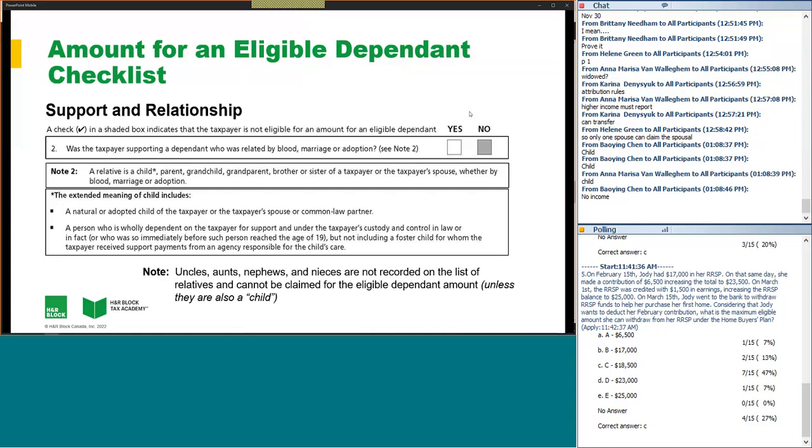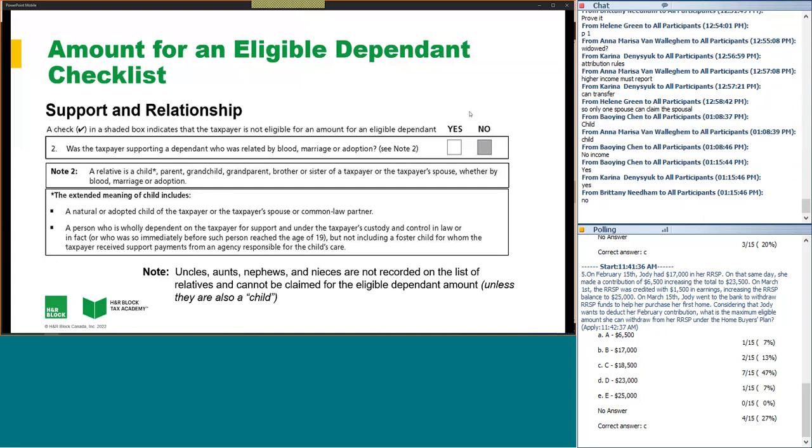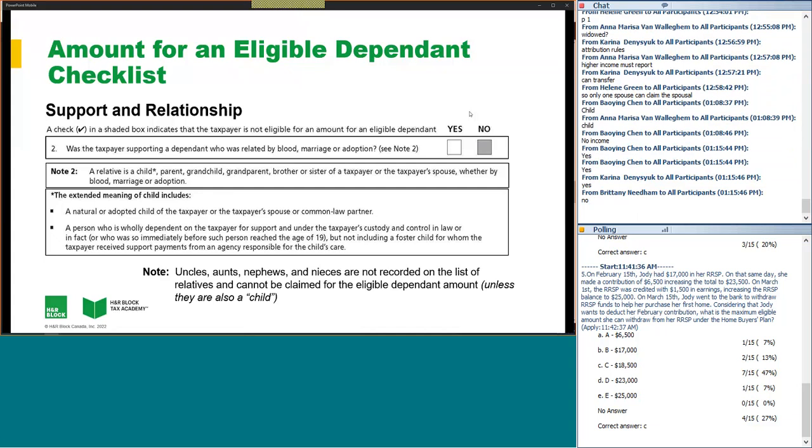Adam moved in when he was 22. He is his nephew. His nephew on the list. No. He cannot claim him as an eligible dependent. He might get a different dependent credit for him, but he would not be able to claim him as an eligible dependent. Okay.